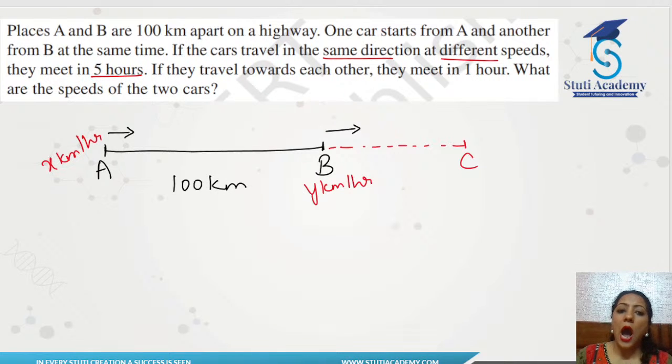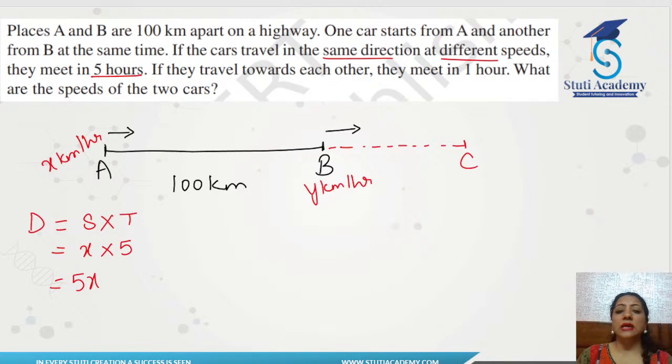Let us see how much distance is travelled by this car. We know that the distance is calculated using speed into time. So the speed we have taken for this one is x, and the time is 5 hours. So that's 5x. This car is covering 5x kilometers in 5 hours.